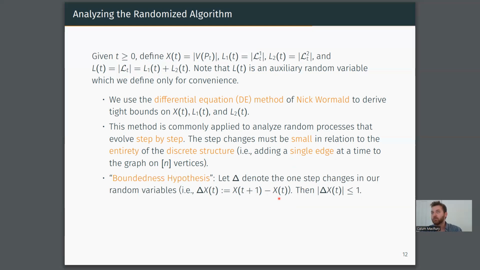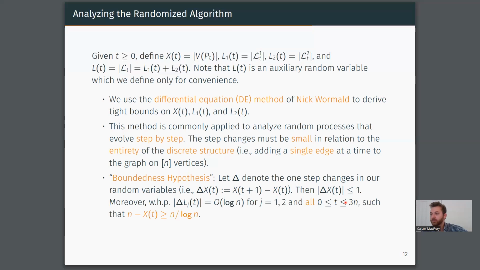Okay, so we first need to control the one-step changes, and we call this the boundedness hypothesis. If we let delta denote the one-step changes in our random variables, then X can't change by more than 1 in a single round. This is because we only ever add at most 1 vertex to the path.